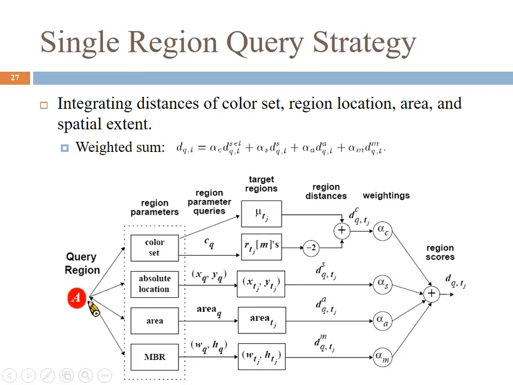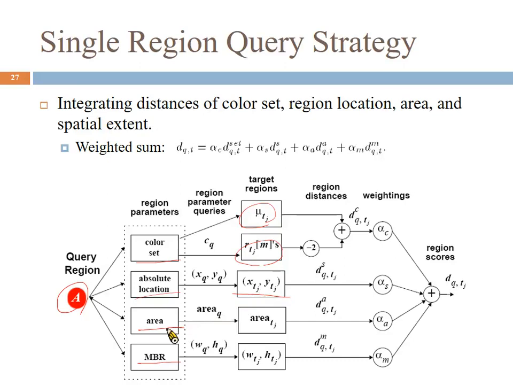So now, how do we process a query? Given a query region, we extract its color set feature, its absolute location, its area, and its minimum bounding rectangle. Based on the color set, we can calculate the color similarity between the query region and any target region. We can also calculate the spatial distance, and here we may have several policies to define the criteria of spatial similarity.